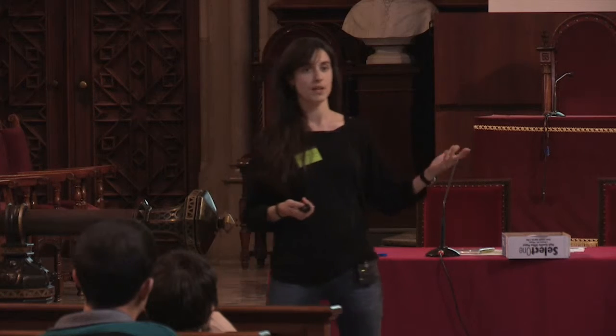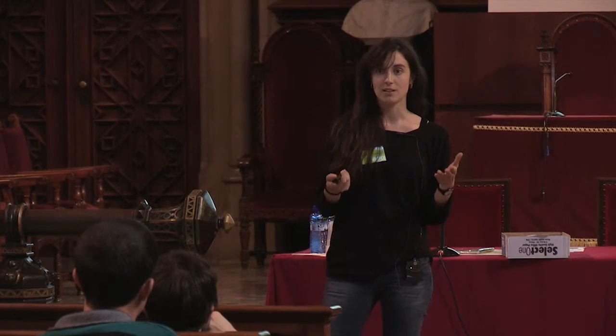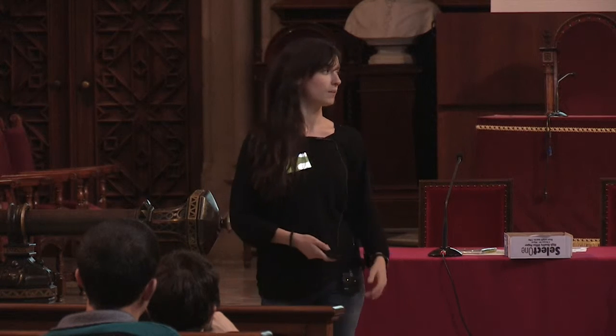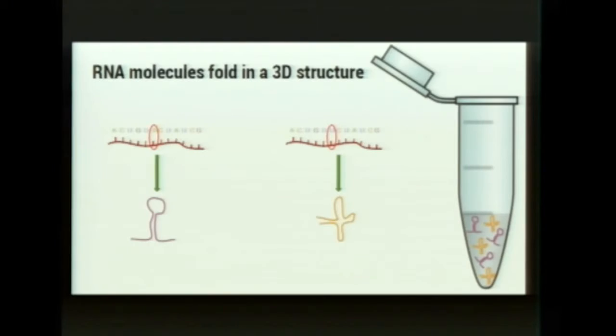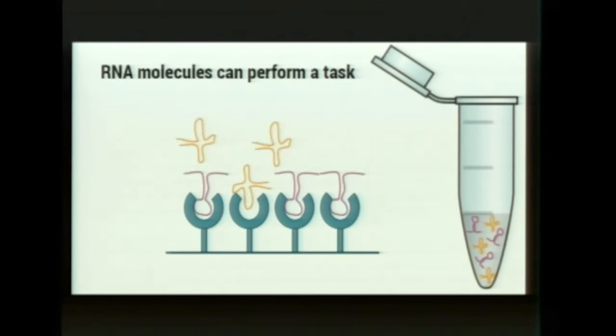So as we saw here, RNA molecules are interesting because they have this genotype and phenotype in the same molecule. And because of that phenotype, because of that structure, RNA molecules can perform a task, and I represented it here by binding to that blue structure. And you can see here that some of them are better than others at binding to that structure.